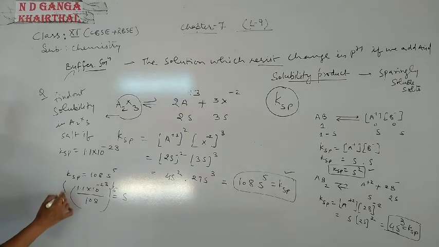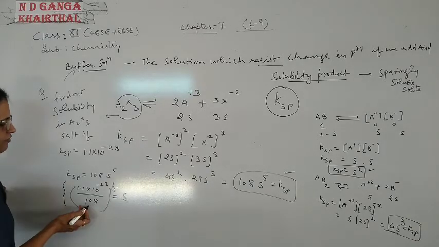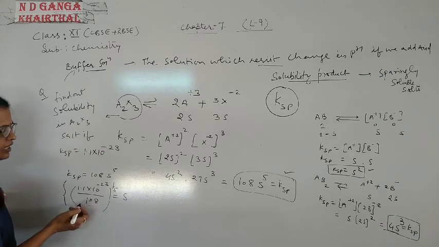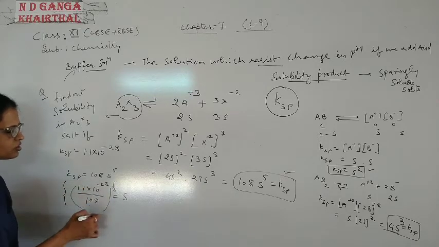So if we solve this question, Ksp is given. We will divide 1.1 by this 108, and solve this question.